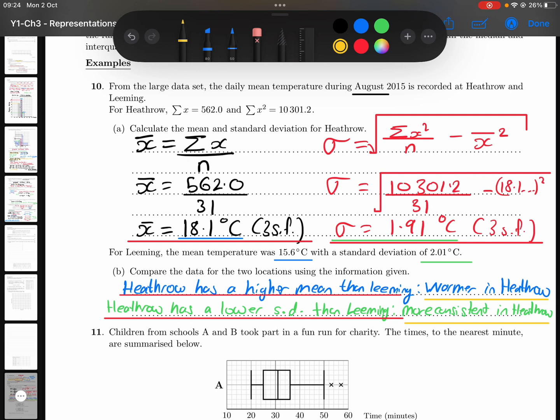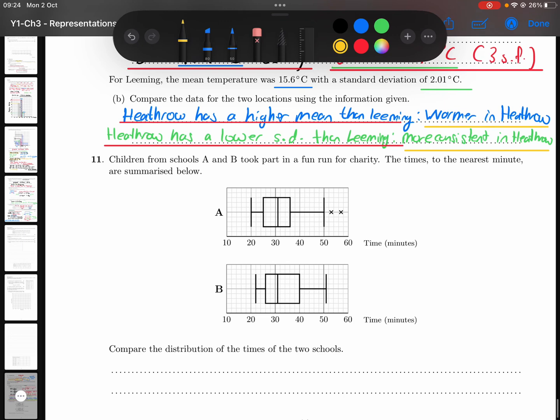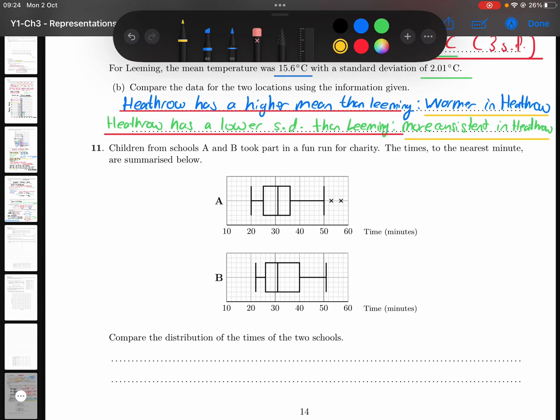Okay, in that example, we looked at the mean and standard deviation. In our final example, we'll have a look at the medians and interquartile ranges. So, question 11. Children from schools A and B took part in a fun run for charity. The times to the nearest minute are summarised below. And this will be a nice recap of what a box plot shows.